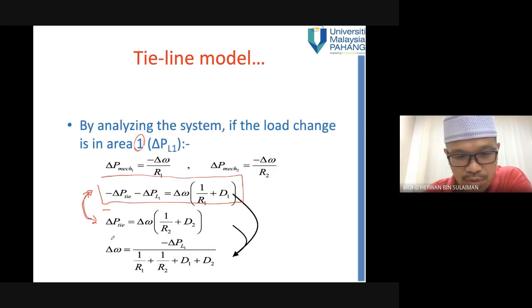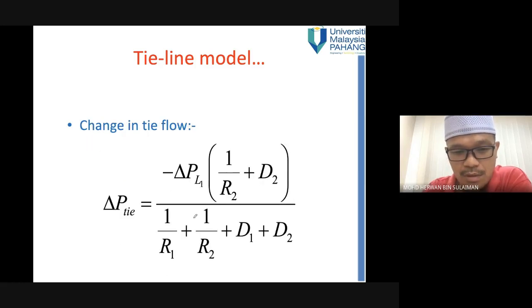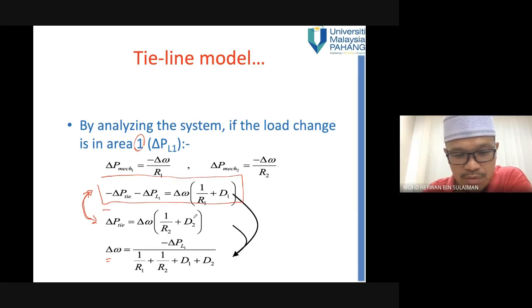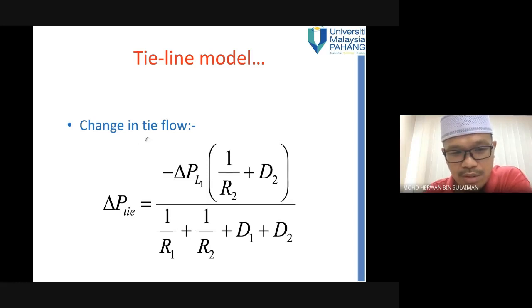And then you can get your delta omega equal to delta PL1 divided by (1 over R1 plus 1 over R2 plus D1 plus D2). Okay, and then once we get this value, we can put it back into this equation. So you can get your change in the tie line flow equal to delta PL1 times (1 over R2 plus D2) divided by (1 over R1 plus 1 over R2 plus D1 plus D2). Okay, so this is the change in tie flow, delta P tie here.